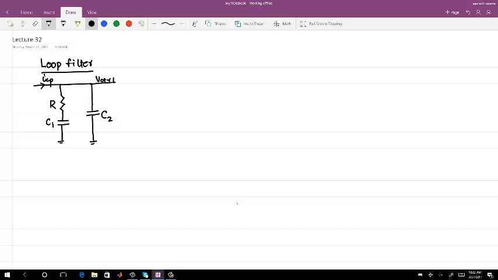Okay, so the thing is that in current PLLs, all the passives, which right now in the PLL are only R and C, are integrated on chip. And when they are integrated on chip, you need to worry about what happens to them.